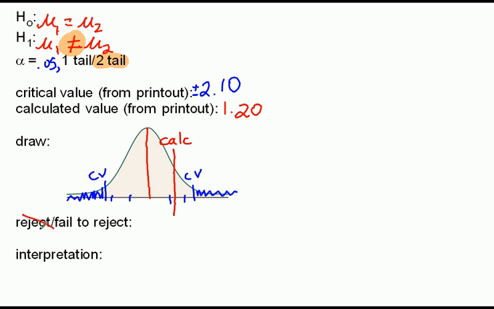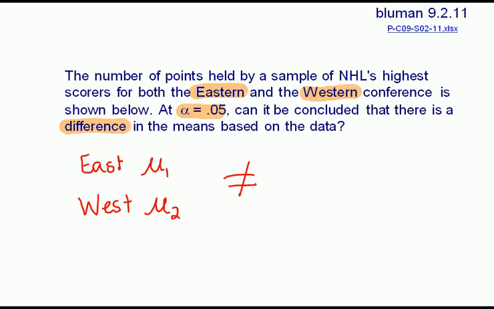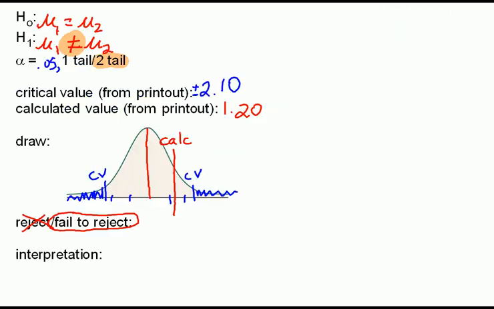I am not going to reject. I'm going to fail to reject, meaning I might have statistical significance, but I certainly do not have enough evidence to show it just yet. So I'm going to reflect that in my interpretation, which goes back to the original problem of Eastern and Western Conference highest scorers. So my interpretation, something like this.